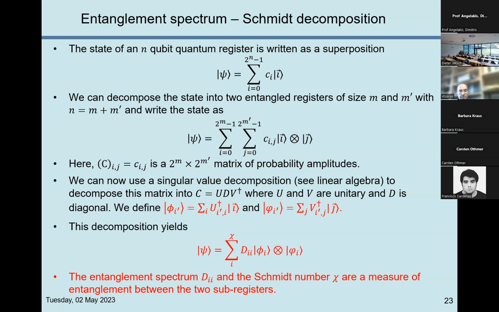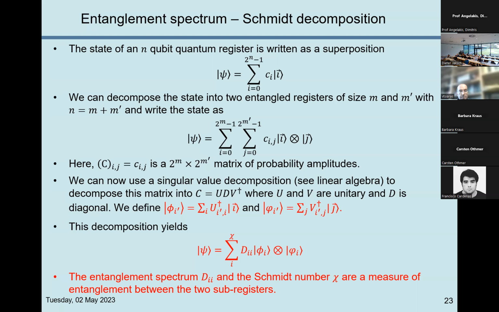And then we can rewrite that state as a sum over only diagonal terms, d_ii times some phi_i, where the phi_i arises from this unitary matrix and the basis states i up there, and this curly phi_i arises from the second register and this unitary j. And rewrite it like that.